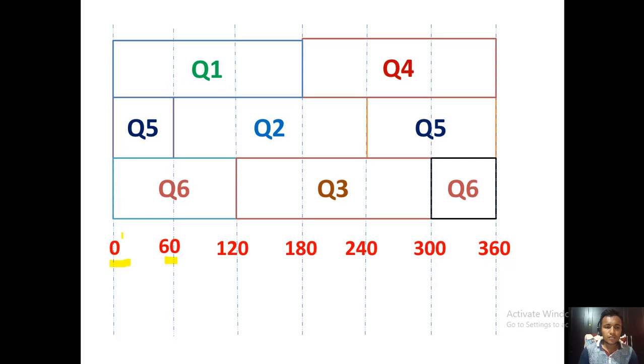In the first mode, the 0 to 60 degree mode of conduction, Q1, Q5 and Q6 are on. So we can say that in mode 1, thyristors Q1, Q5 and Q6 are on.